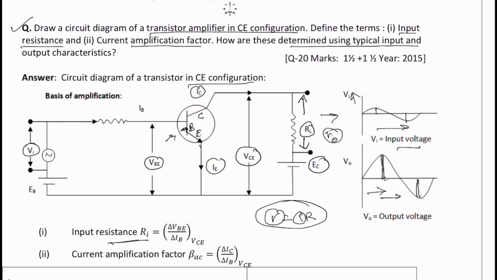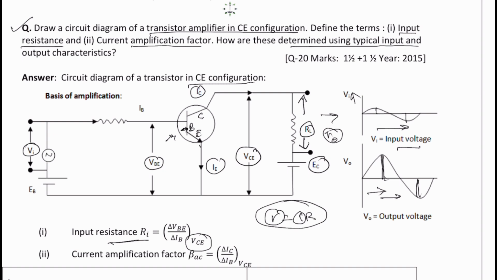So the change in the voltage between the base and emitter divided by the change in base current, when the collector emitter voltage is constant, this ratio is called the input resistance, correct?